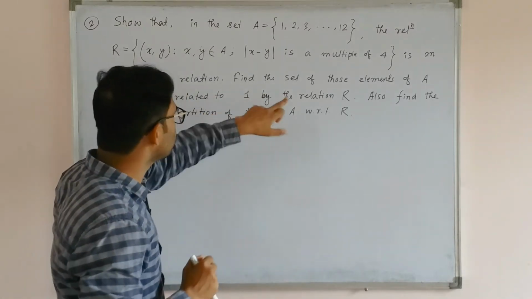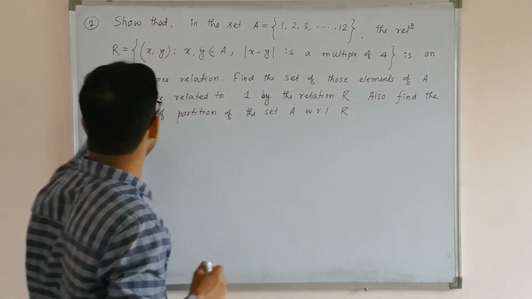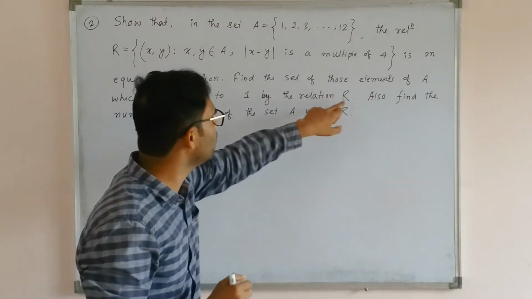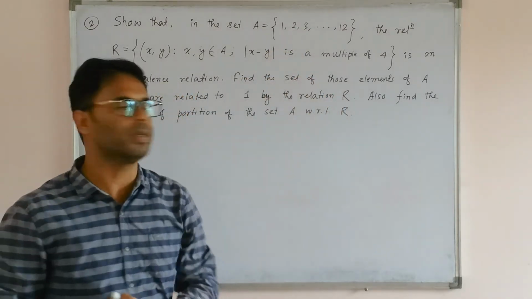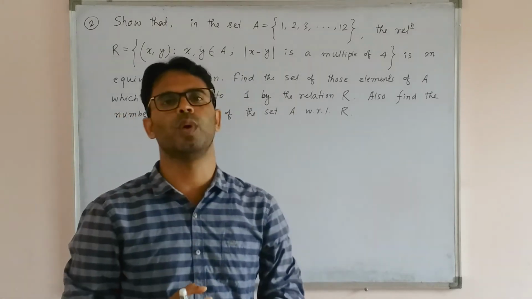So here the condition is to find the set of those elements of A which are related to 1 by the relation R. So you have to find the class of 1 actually.